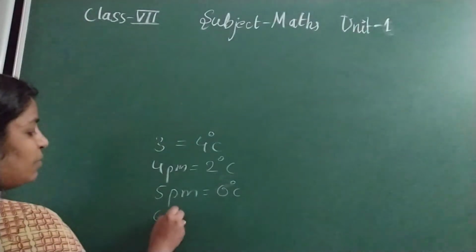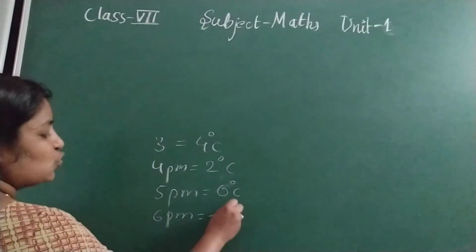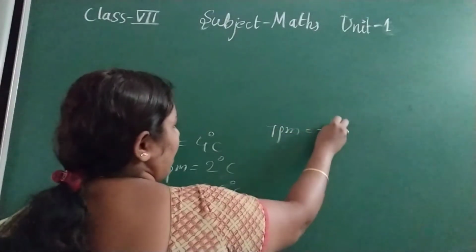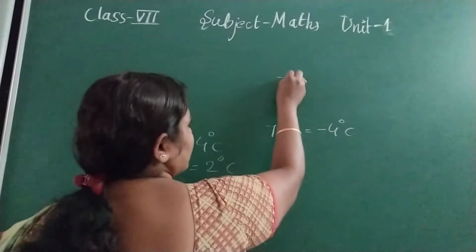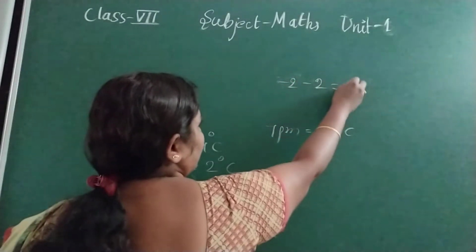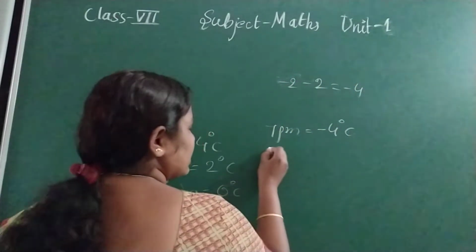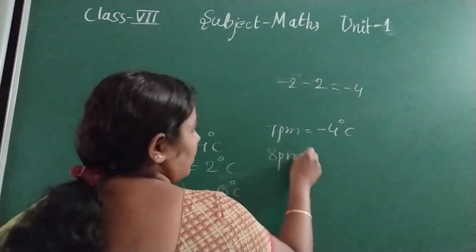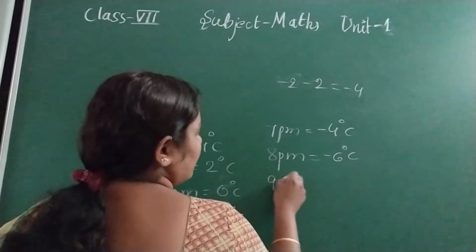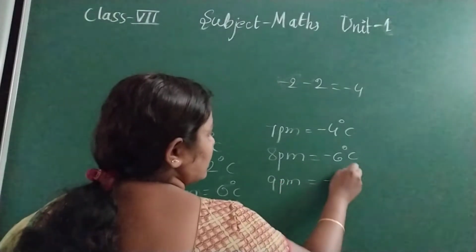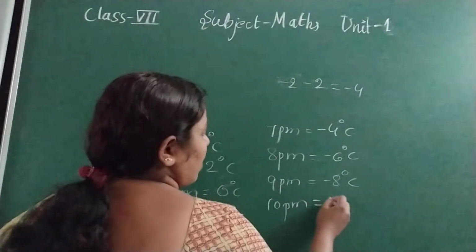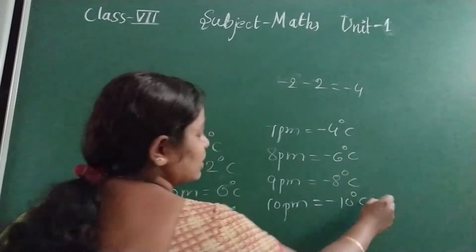Then 6 p.m. minus 2 degrees Celsius. 7 p.m. minus 4 degrees Celsius, because minus 2 minus 2 is minus 4. Then 8 p.m. minus 6, 9 p.m. minus 8, 10 p.m. minus 10 degrees Celsius.